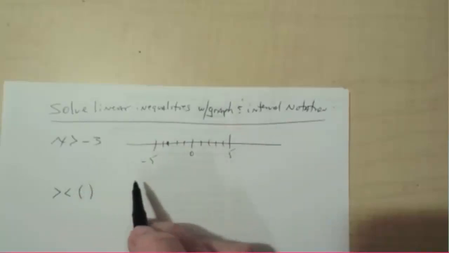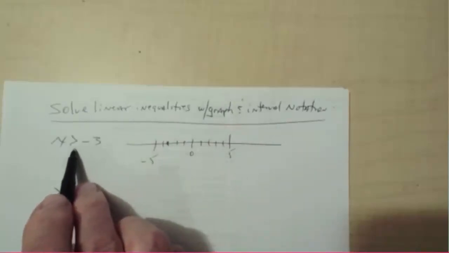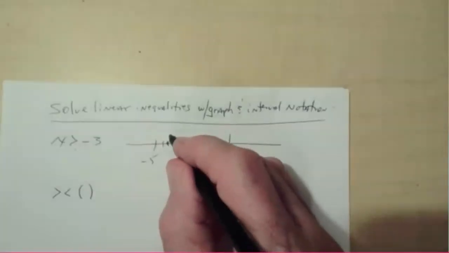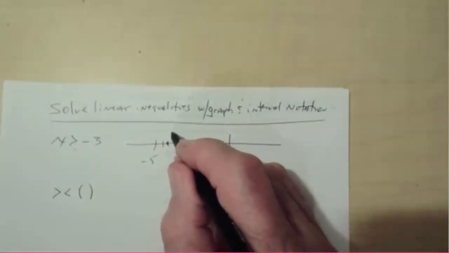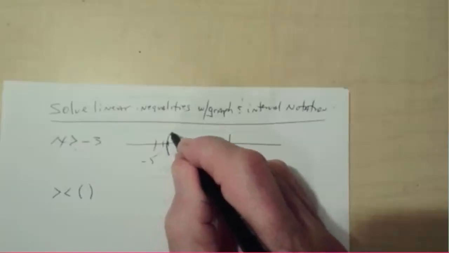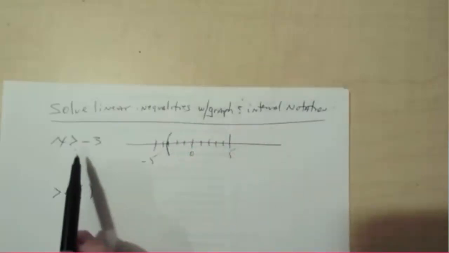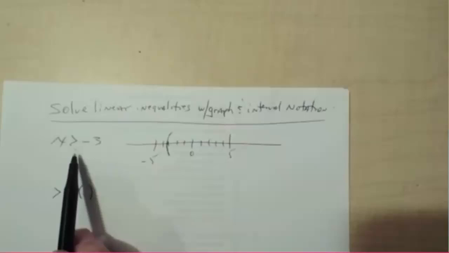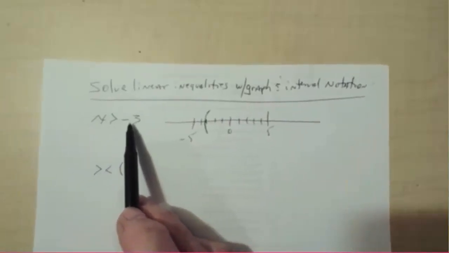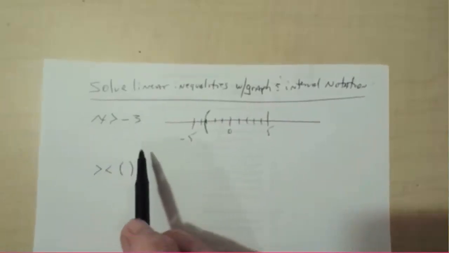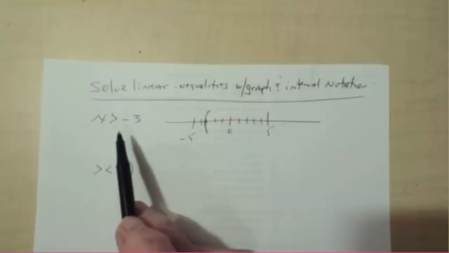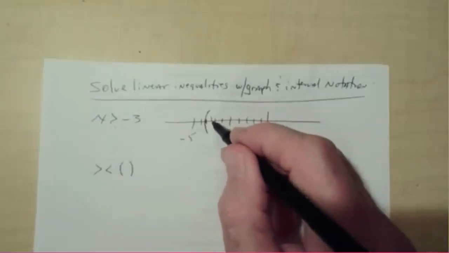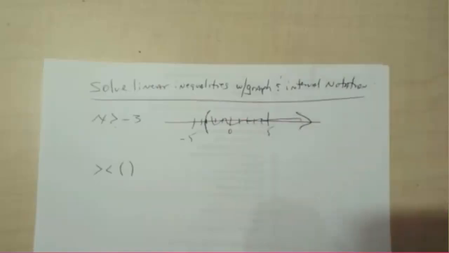So on this particular one, we're greater than negative 3. Greater than, we would use parentheses, because when we're saying greater than negative 3, it means all of the numbers up to negative 3, but not including negative 3. It doesn't include negative 3.